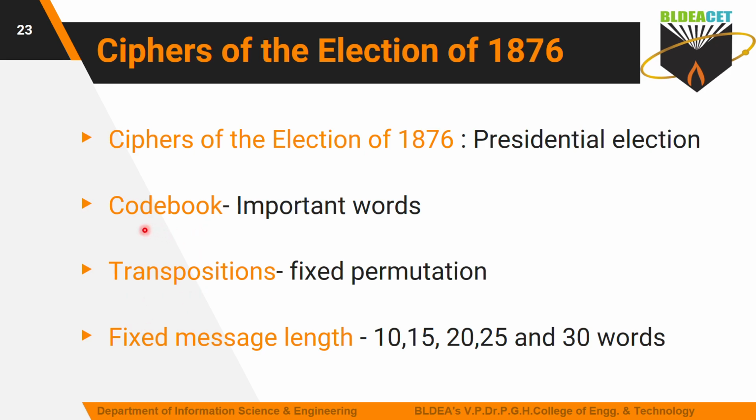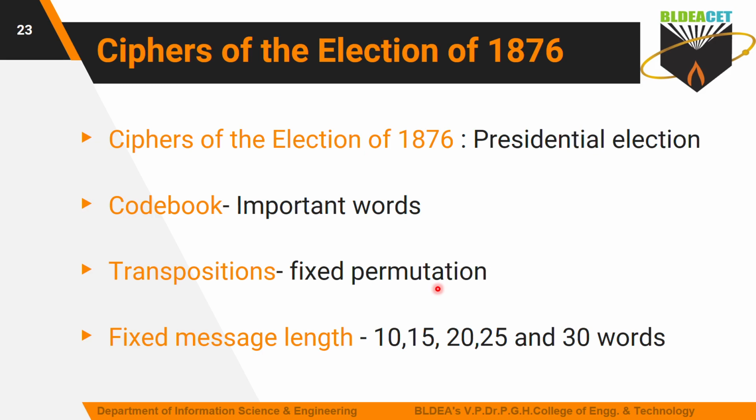You already know what a codebook is. If the message has any important words, those words are converted into ciphertext with the help of the codebook method. Next, the remaining words in the plain text message are converted with the help of transposition, for which you use a fixed permutation.